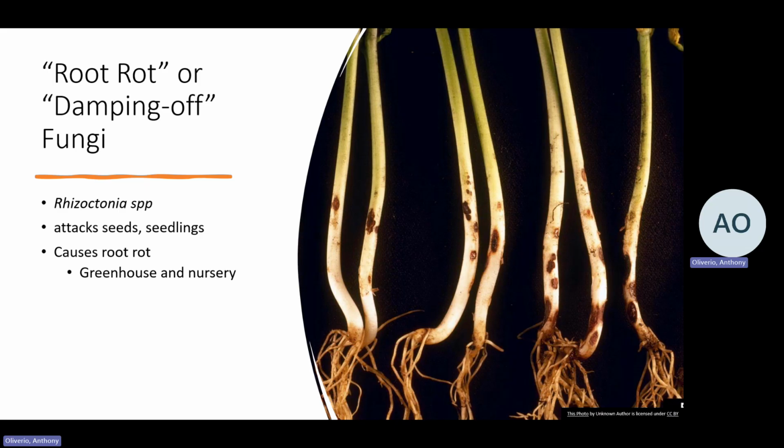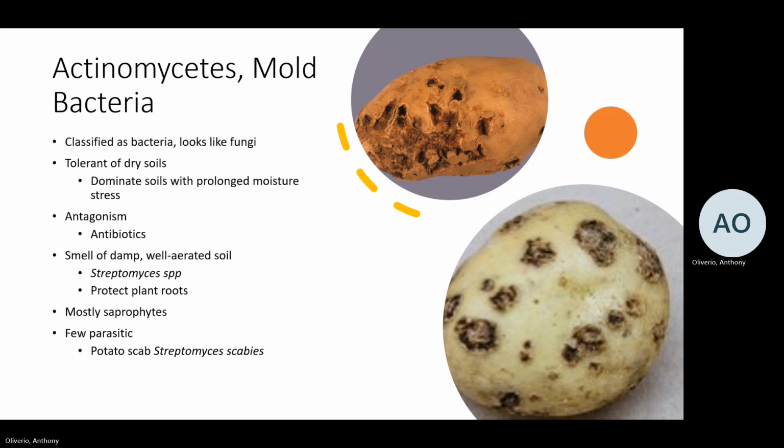Another negative organism in the soil. Then you have something called mold bacteria. Some of them are good. They definitely are dominant in soils that have kind of moisture stress. They dry out. They can be tolerant in those.